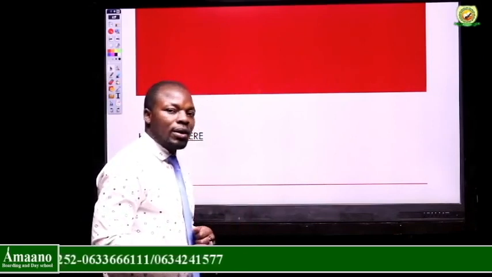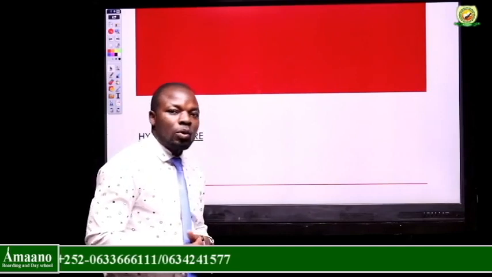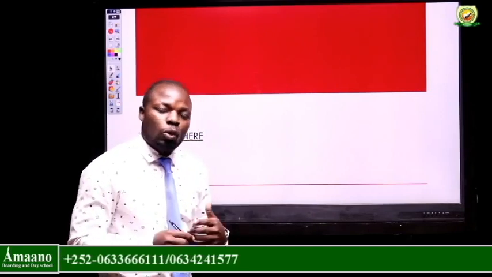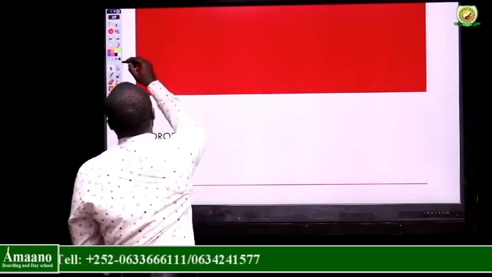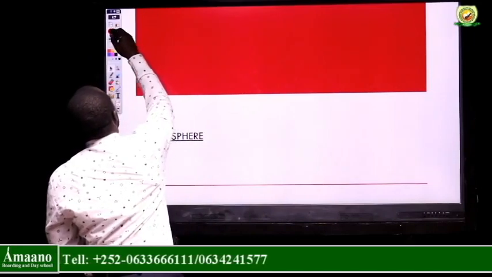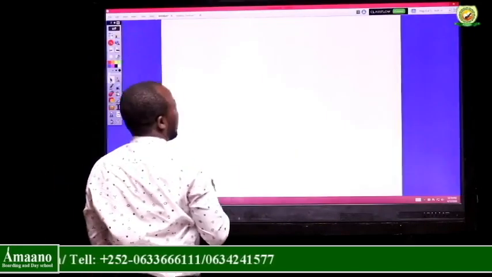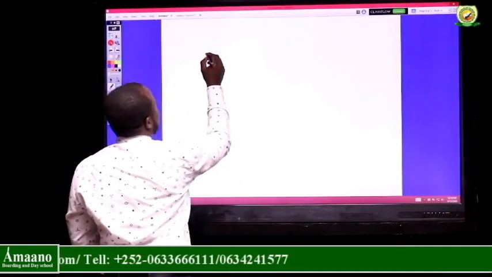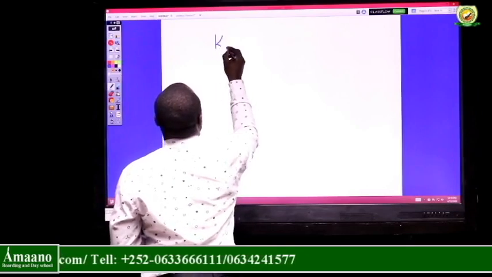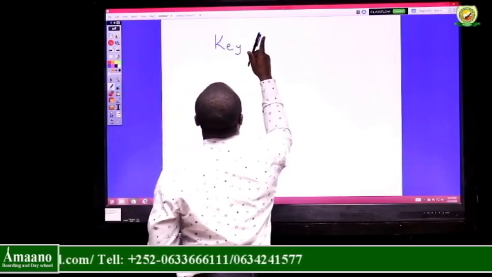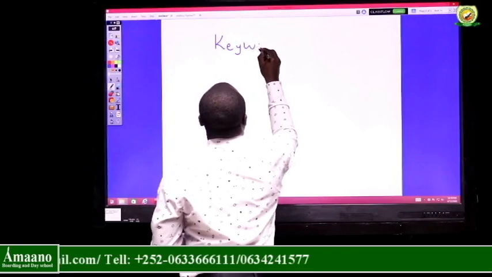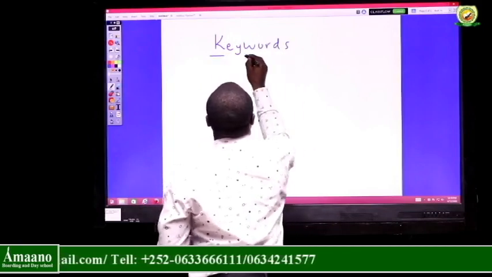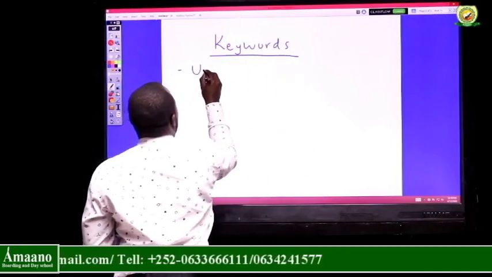Today, as we look at underground water, we shall be looking at what underground water is. We shall also be looking at sources of underground water. Here are the keywords. One, we have underground.